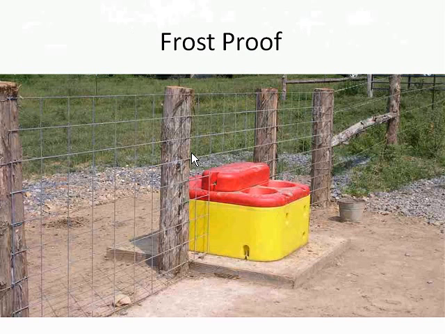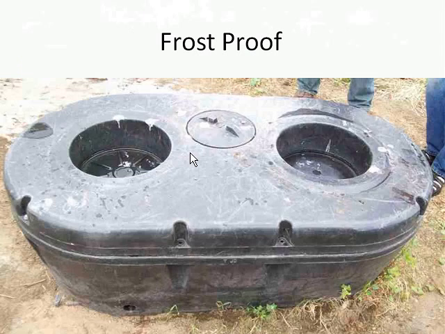Sometimes frost is a consideration, and there are several types of frost-proof watering tanks available. If you're in that situation, you're going to want to choose tanks that are frost-proof.